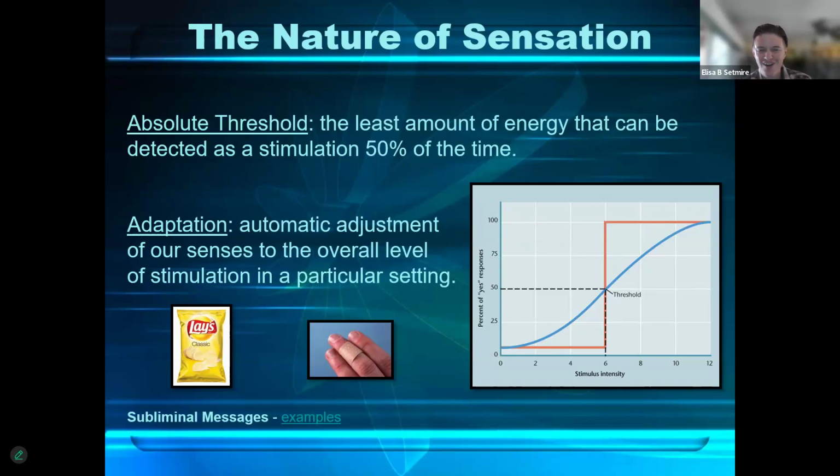I have a bag of chips there on the slide. Those first few chips are so salty and so delicious. And the more that you eat them, the more you adapt to that level of salt, and they become slowly less and less salty over time. So we tend to have thresholds that rise and lower because our senses are constantly adjusting or adapting.